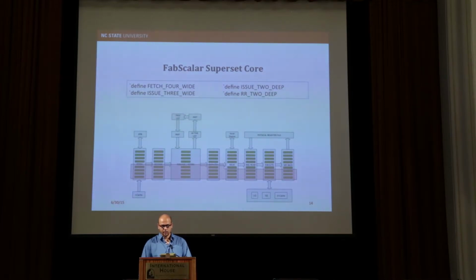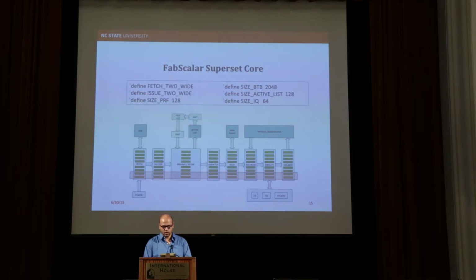And accordingly, it will generate a superscalar core of that dimension. So the example here is a 4-wide front end and a 3-issue back end. So you can do arbitrary combinations. You can do a 2-wide front end and a 4-issue back end, although that doesn't really make sense.